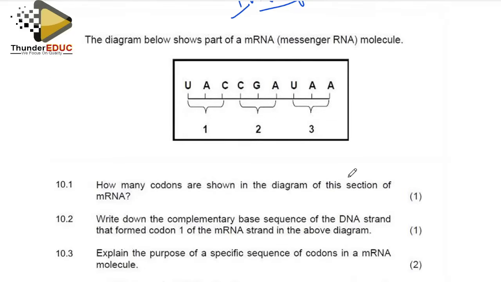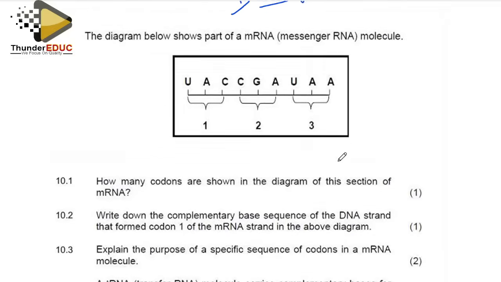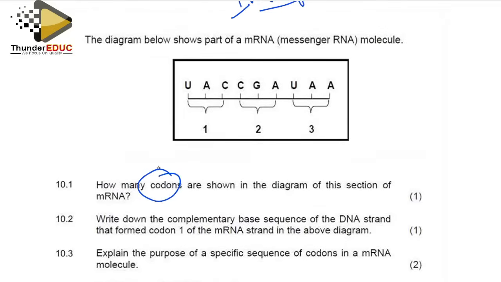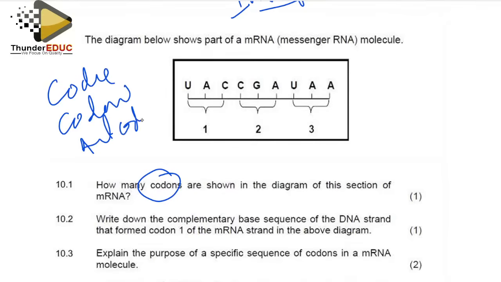Then they are saying that the diagram below shows part of a messenger RNA molecule. So let's find out how many codons. Remember, you have codons and anticodons. This is for DNA.